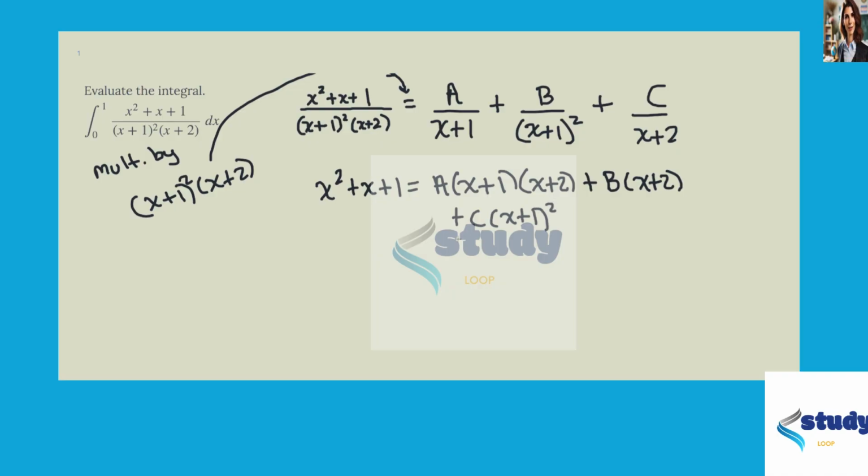Now let's just go ahead and expand the right-hand side. So next to A, we have x squared plus 3x plus 2, plus B times (x plus 2), and then plus C times (x squared plus 2x plus 1). And now let's go ahead and factor out x squared.